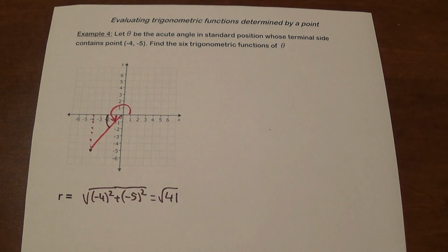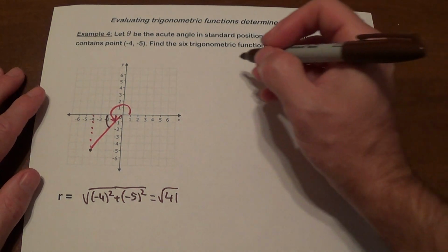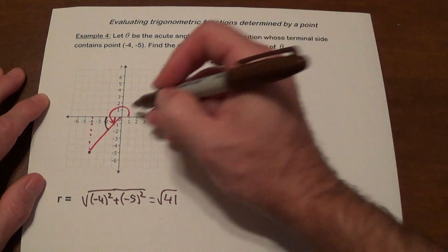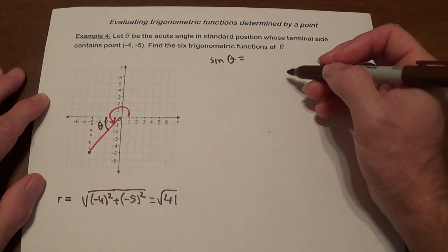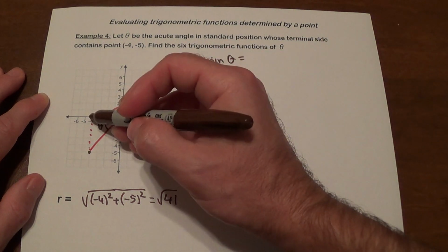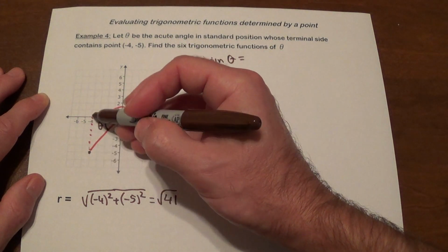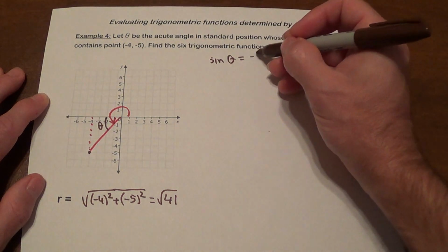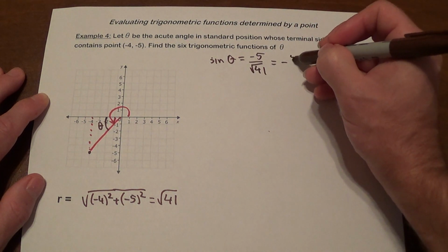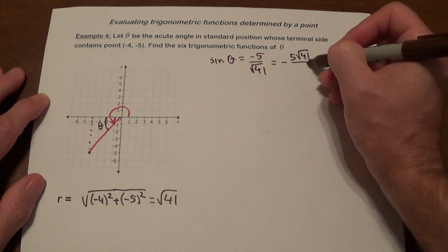Alright, so let's go ahead and find everything. Sine theta is going to be opposite over hypotenuse, so opposite here is going to be negative 5, so negative 5 divided by square root of 41, which is going to be negative 5 square root of 41 over 41.